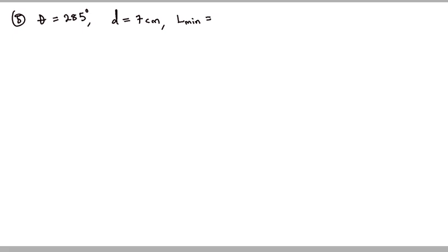Okay, so now check this question. Let's not rush it. If you observe here, like I told you, 285 cannot be the length of the minor arc. I think all reflex angles in this case should be taken as the angle of the major sector.